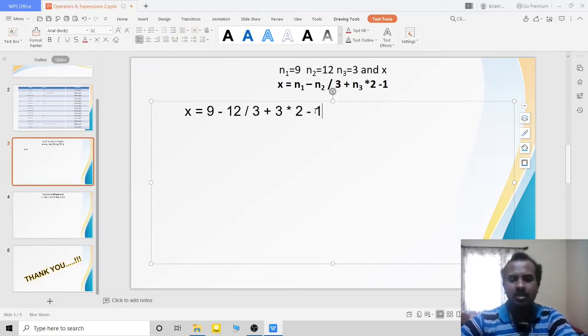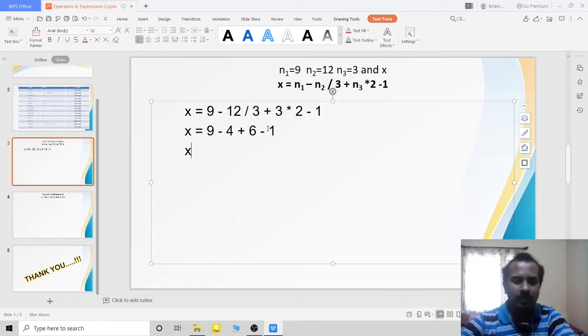As I already mentioned, I have to do the division and the multiplication first. Among those I have to do the left one first, because it is left to right. So 9 minus 12 by 3, the division, making it from the left side. 12 by 3 is 4. Then plus 3 into 2. 3 into 2 is 6. Then 6 minus 1.